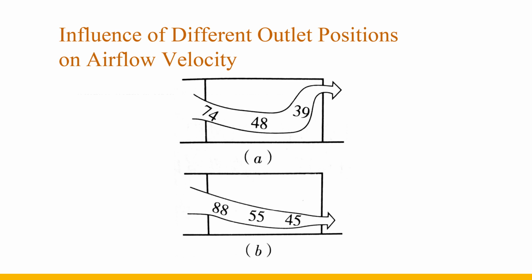The wind speeds at the inlet, inside the room, and at the outlet are 88%, 55%, and 45% of the outdoor wind speed, respectively, which are 14%, 7%, and 6% higher than those in Fig A, indicating that when the outlet is in the upper part of the room, the wind speed at the inlet, indoors, and at the outlet is lower than when the outlet is in the lower part.